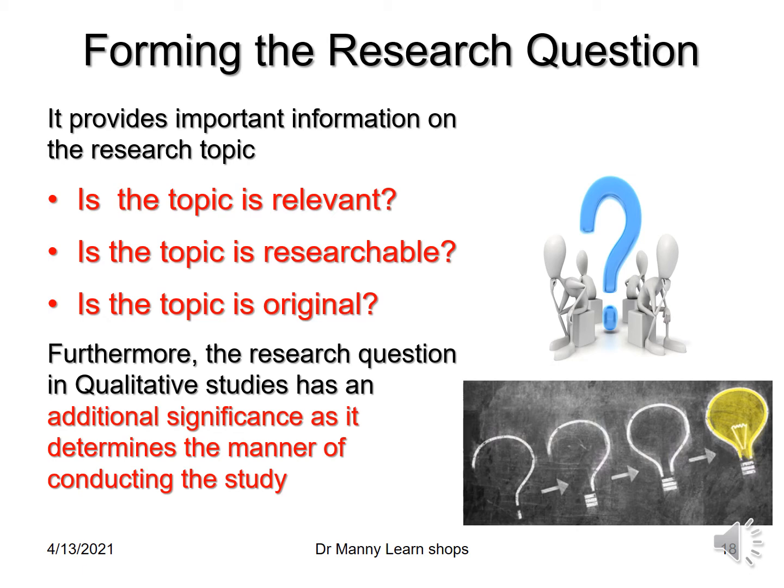Is the topic original? Because if they don't comply, what's the point of doing the research? The point of doing the research is to discover or validate previous information, or in qualitative research, it's to discover new, original, unique data.